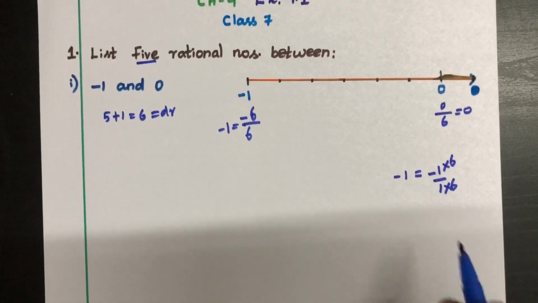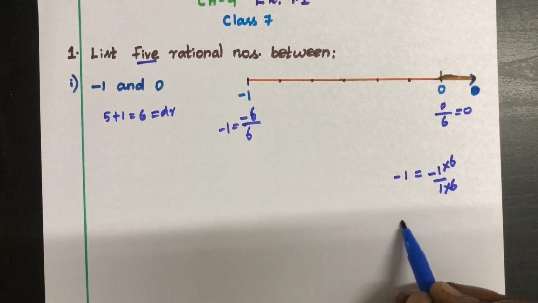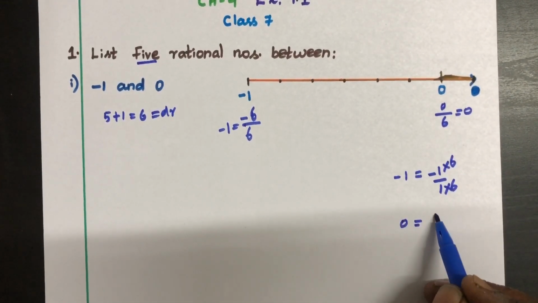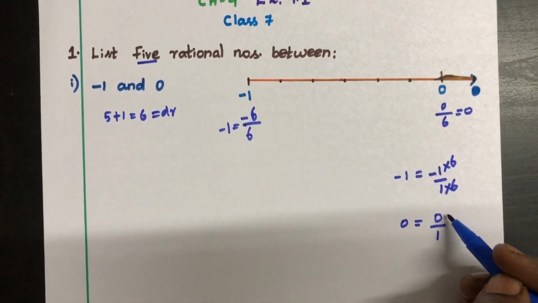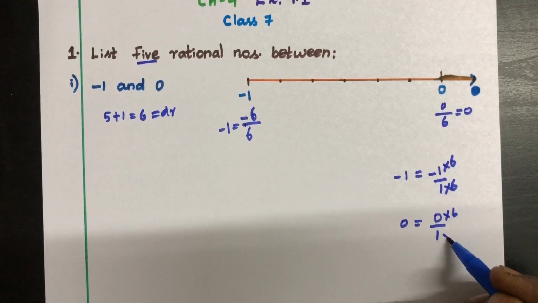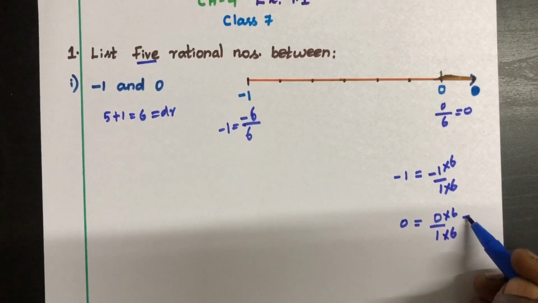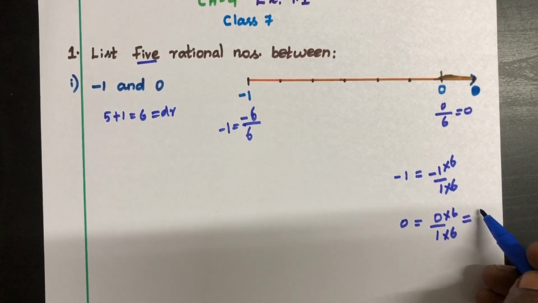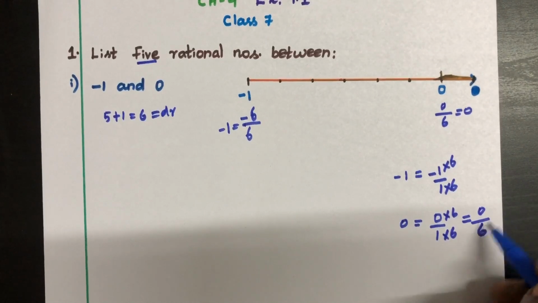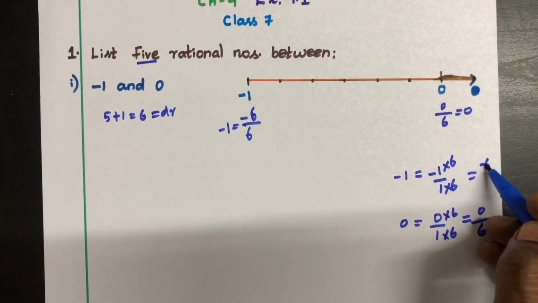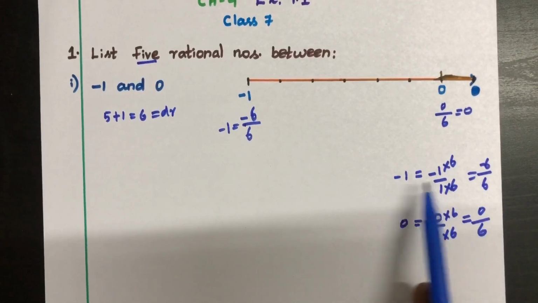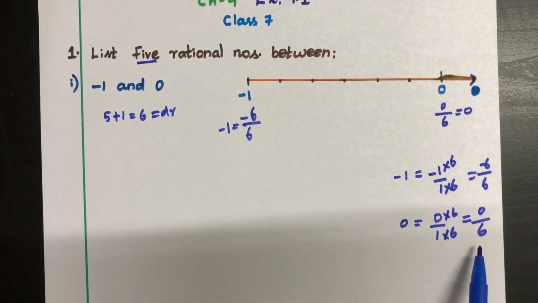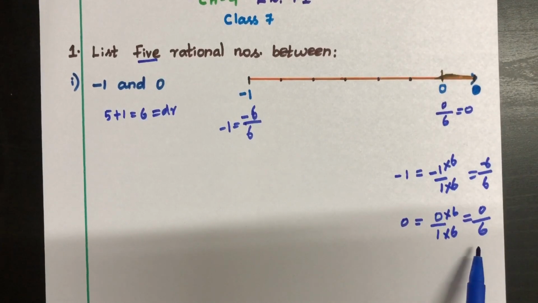Similarly, for 0, shall we write this 0 as 0 by 1? What I did here is, I multiplied 6 in the numerator and the denominator. So this is 0 divided by 6, and this is -6 divided by 6. I just gave -1 and 0 like this to have 6 in the denominator.